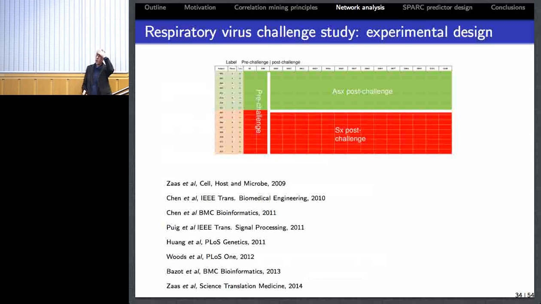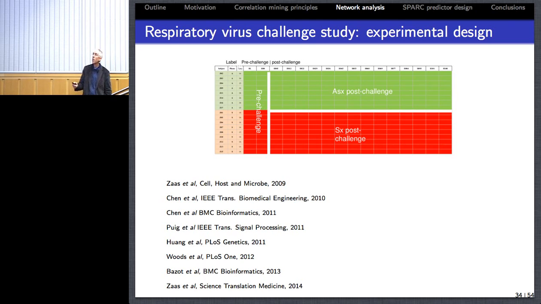This is just showing some actual results. So this is the respiratory virus challenge study I was mentioning before. This appeared in several papers, most recently in a Science Translational Medicine paper with Amy Zaas. So inoculation is given at this point 0. They're pre-challenge samples. Red and green are subjects that started to become symptomatically ill at some point during the challenge study.